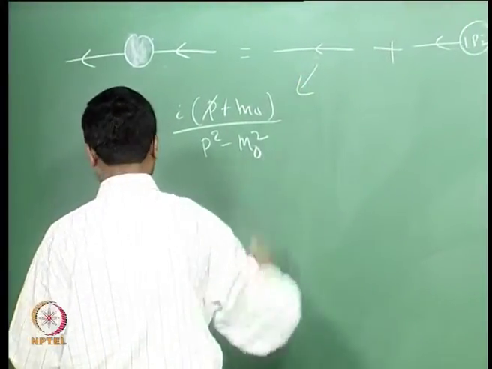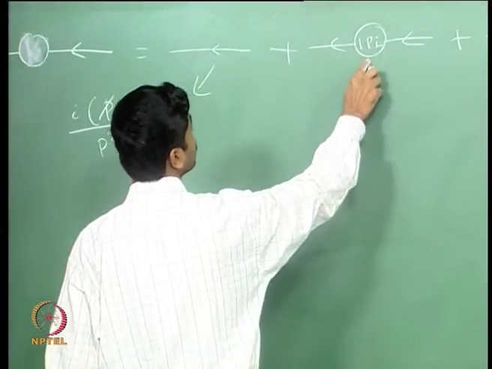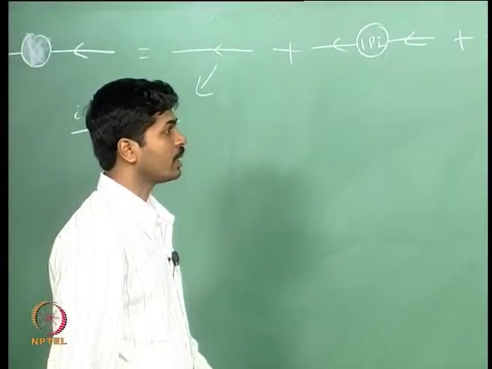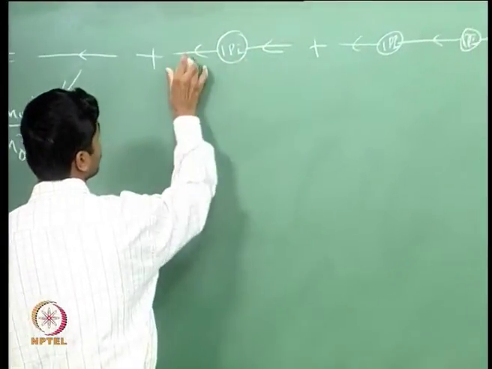whereas this quantity here, you remember this, I am denoting to be minus i sigma of p without these two propagators here.